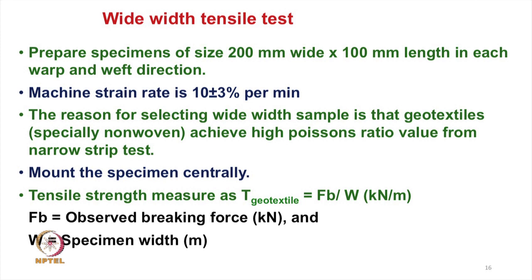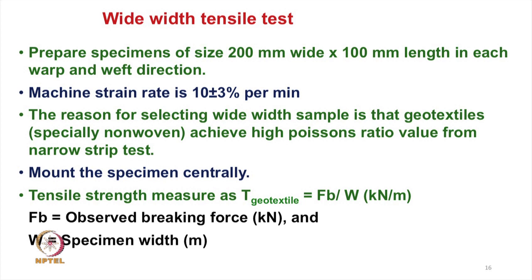So, to reduce the Poisson's ratio, we test in the wide width tensile test. We have to mount the sample centrally, and tensile strength is measured as the observed breaking force in kilonewton divided by the width of the specimen. So, Fb by W, kilonewton per meter.